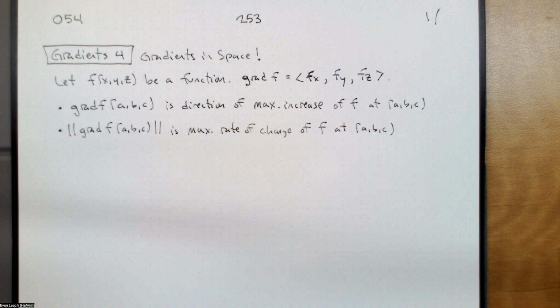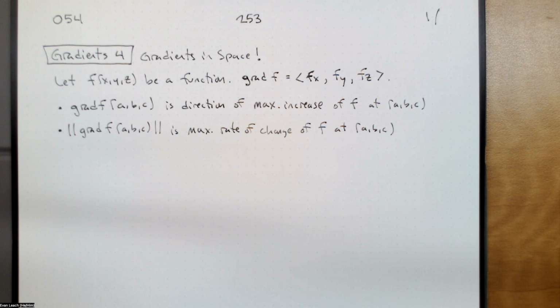It only sounds familiar because it is familiar. This part of the interpretation is exactly the same. What word am I going to use next? I'm going to draw a bullet point. Think about the way we interpreted the gradient of a function of two variables.